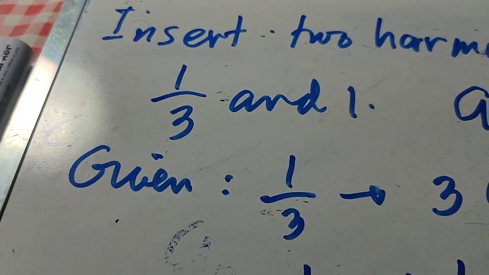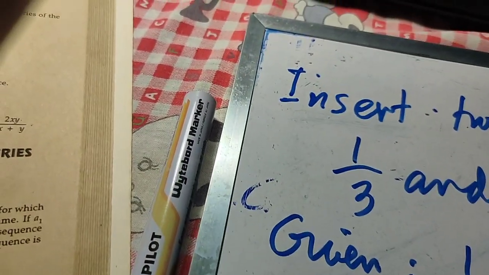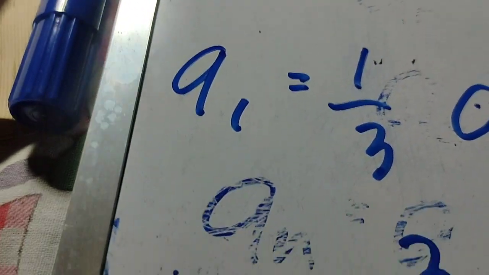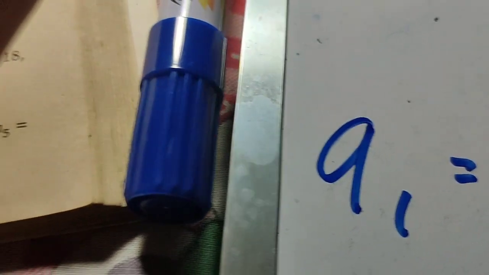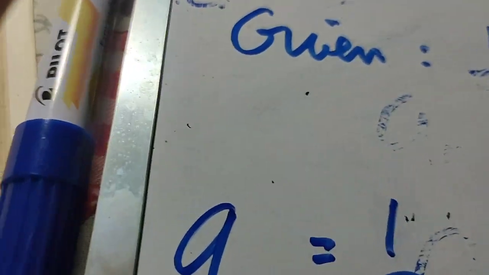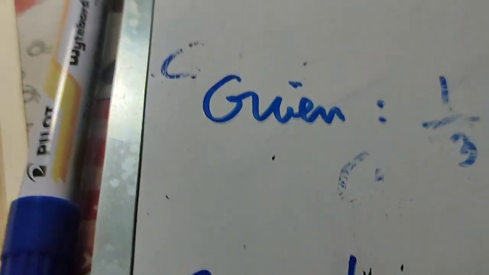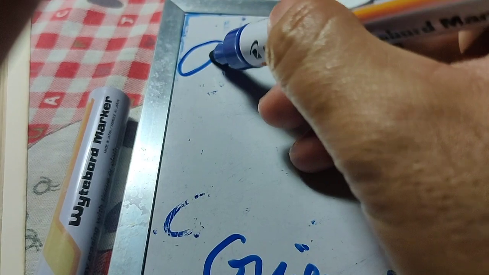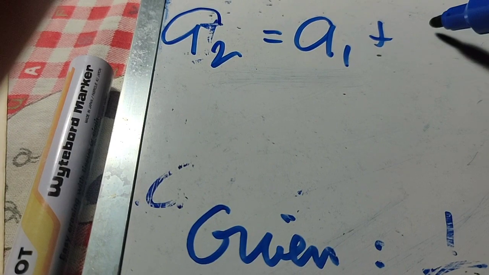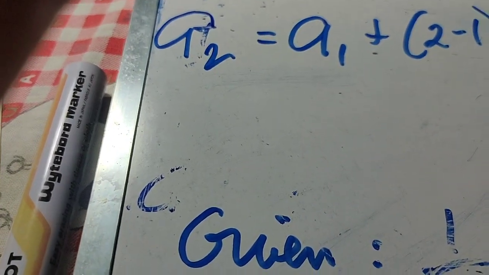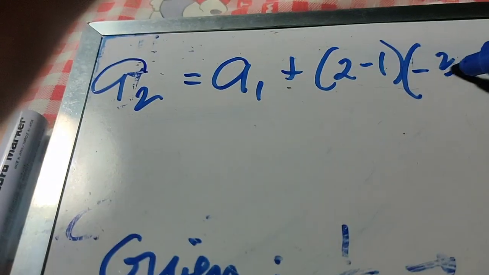Now we're going to look for the terms between. So we do not have our a sub 2 and a sub 3. So a sub 2 is equal to a sub 1 plus 2 minus 1 times the difference of negative 2/3.